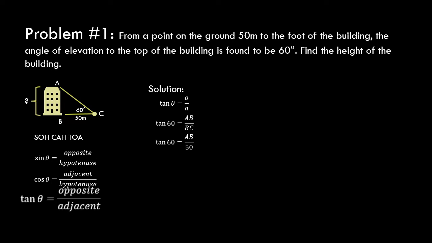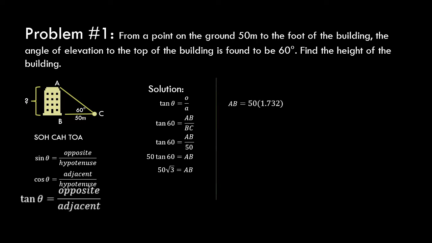Now, in this situation, we are allowed to cross multiply what's on the right side of the equation to the left side of the equation. Assuming you know how that goes, we are going to get 50 tangent 60 is equals to side AB. So you input that into your calculator, you are going to get 50 square root of 3.